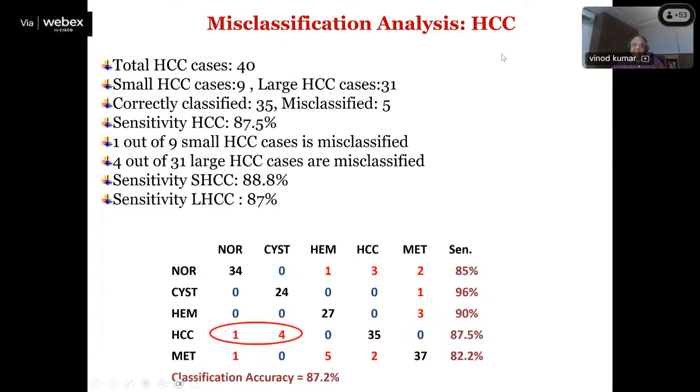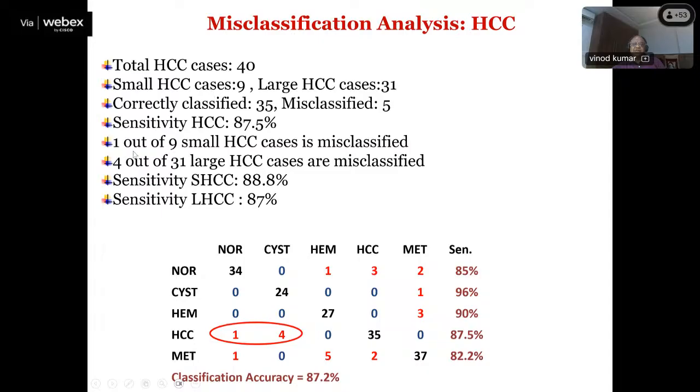Like this, in HCC cases, we saw that 35 were correctly classified, 5 misclassified, 1 out of 9. In case of HCC, typical and atypical is not that important because their nature is almost the same, but size is important, large and small.